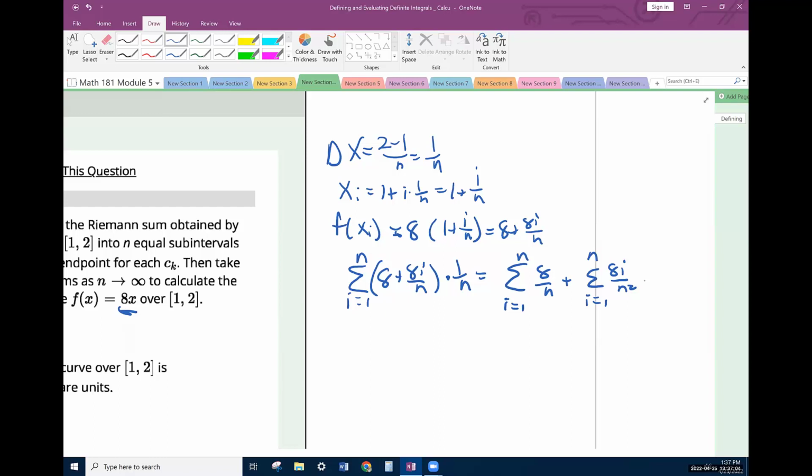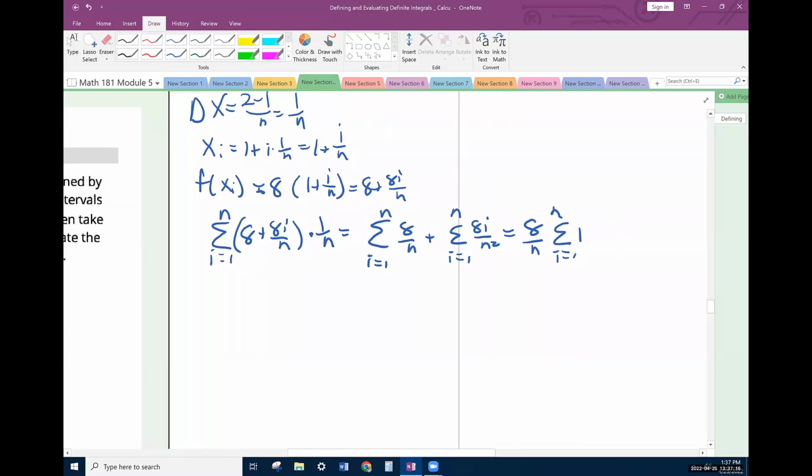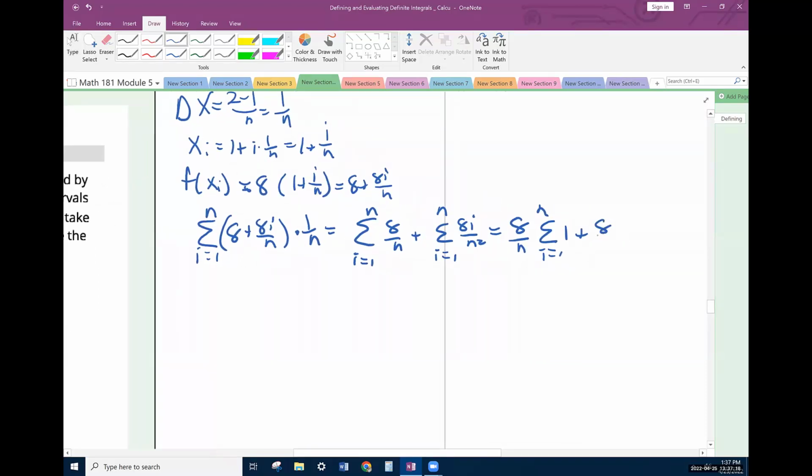Out of the first pair, if I pull the 8 over n out, I just have the sum i goes from 1 to n of 1. Out of the second pair, I can pull the 8 over n squared out, and I have the sum as i goes from 1 to n of i. So what is that sum? i goes from 1 to n of 1.